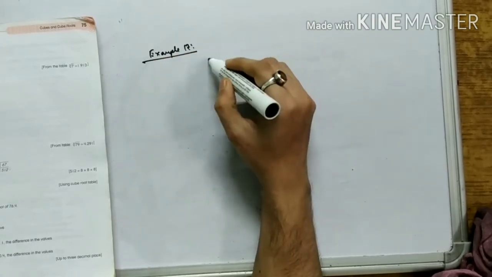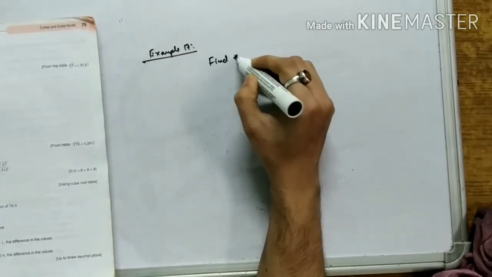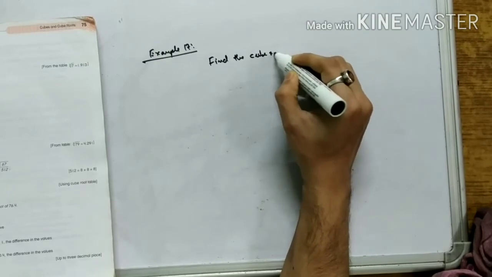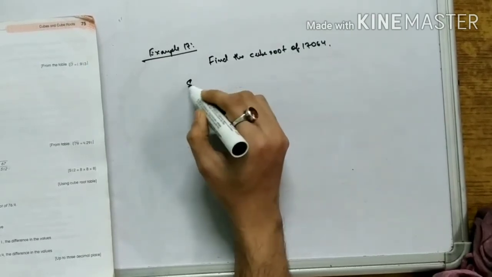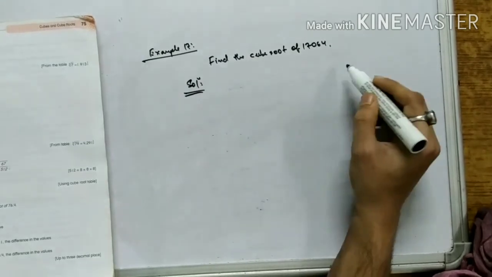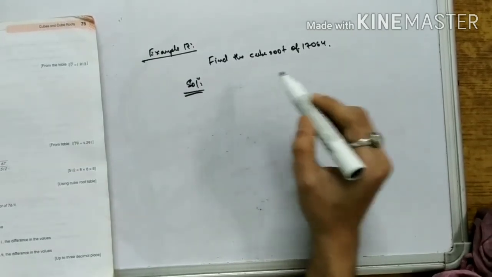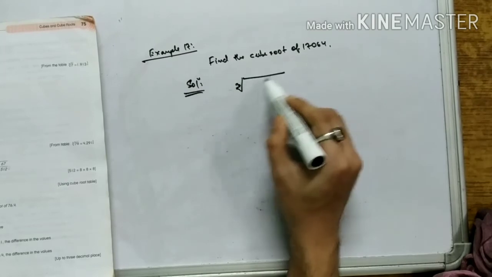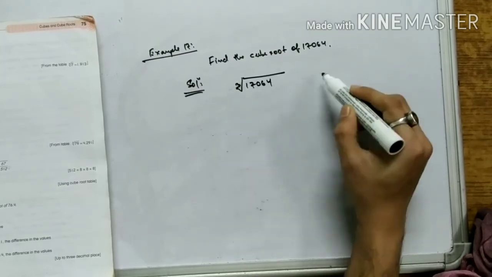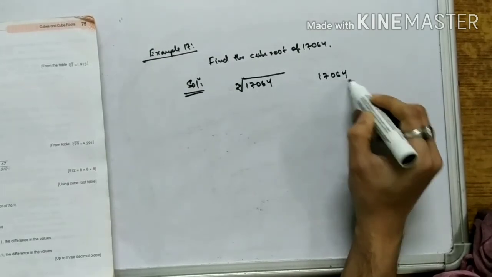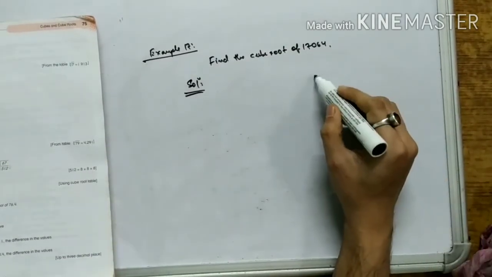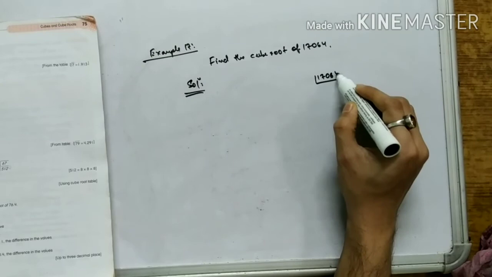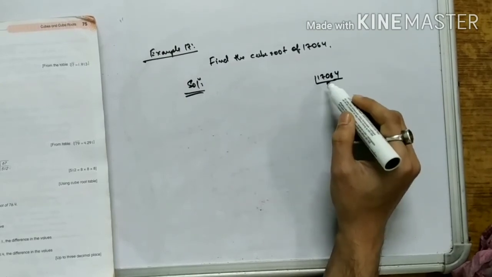Example 17 says find the cube root of 17064. So now you see, cube root of 17064. First of all, I will take out the prime factorization of 17064.